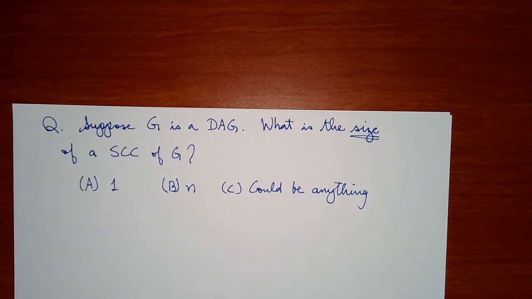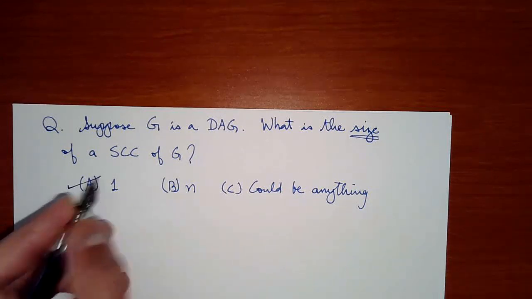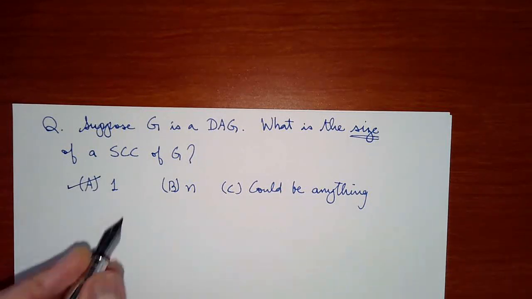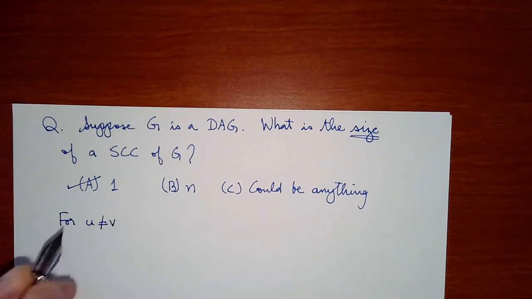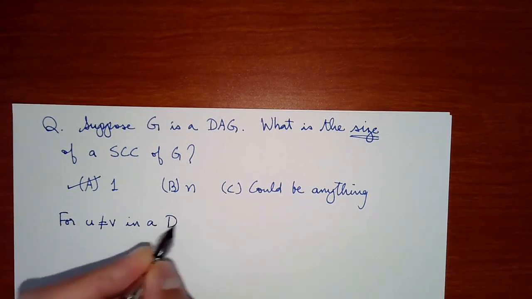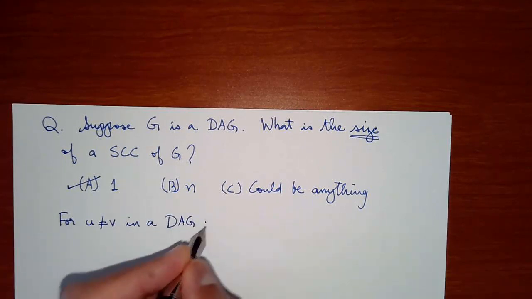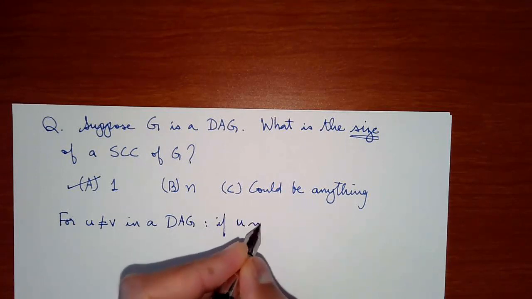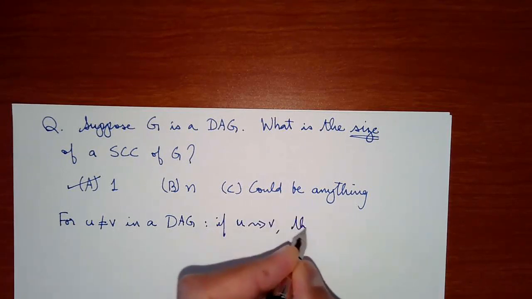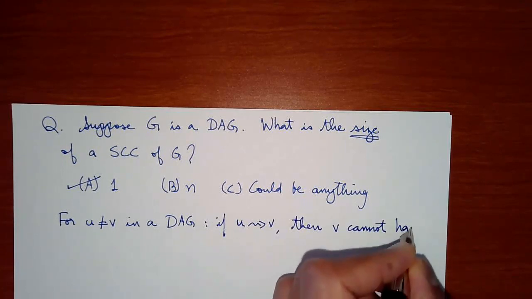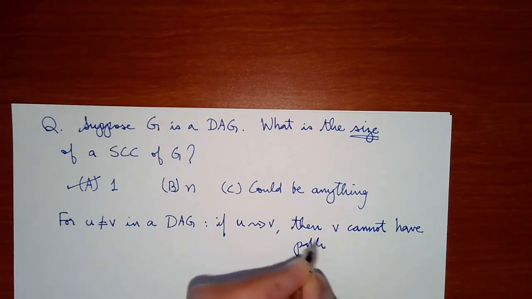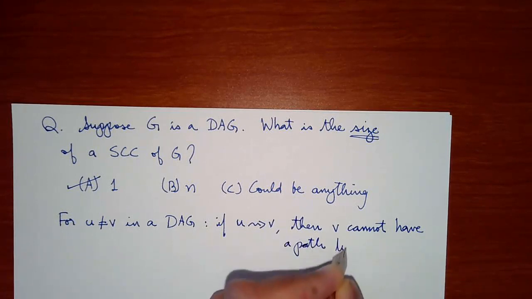Okay, so there seems to be some confusion on this matter. It's always 1, because if you think of a DAG, for u not equal to v, if u has a path to v, then v cannot have a path to u.